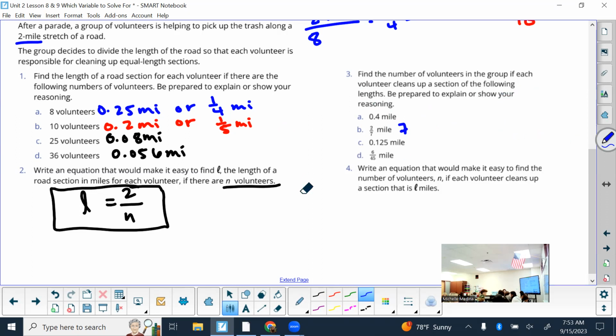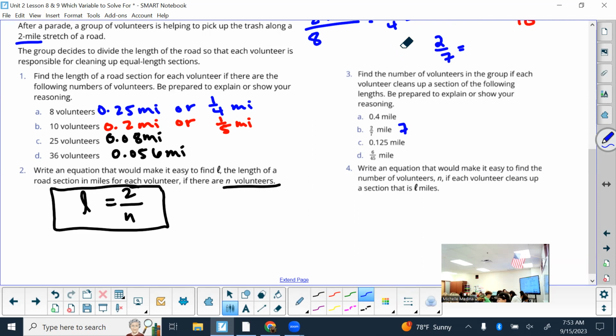We divided by 7 and then take that and divide 2 by that. Okay, what does 2/7 give me in the calculator? 0.285. And then you're timesing that by what?